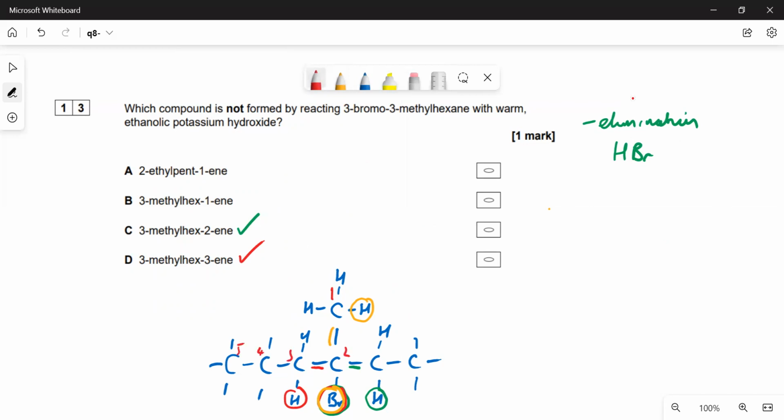It'd be pent-2-ene, and it's got this ethyl group on it on number 2. So 2-ethyl pent-2-ene, you would get that one, but you would not get B. You wouldn't get 3-methyl hex-1-ene. Yeah, there's no way you're going to end up with a double bond between carbon atoms number 1 and 2, which is what you have there. That's not possible.